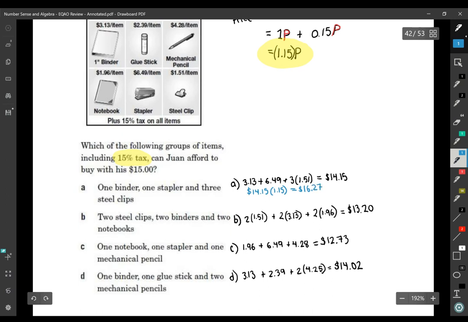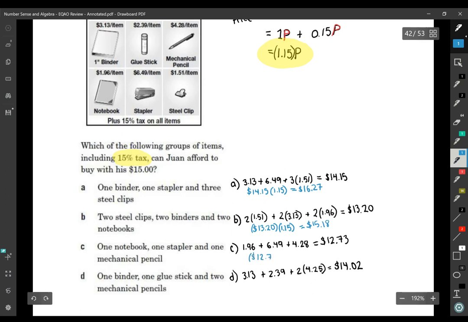Remember, with money, you always round to 2 decimal places. For the after-tax price here, we have $13.20. We multiply that by 1.15, and we're going to get $15.18.